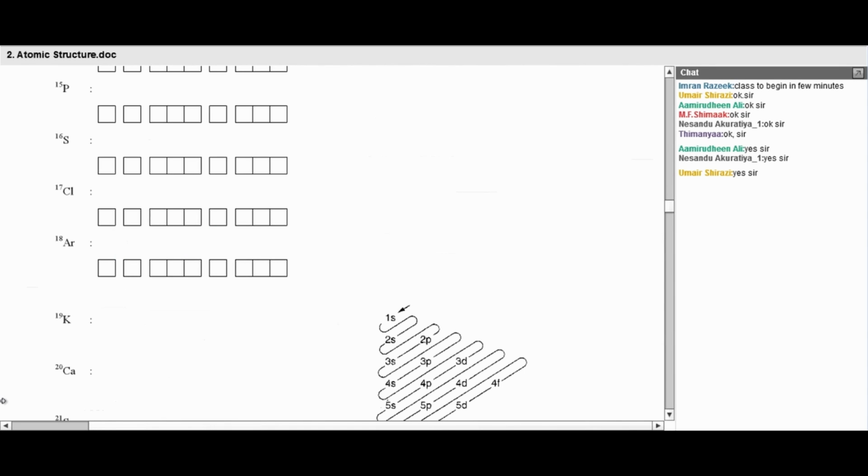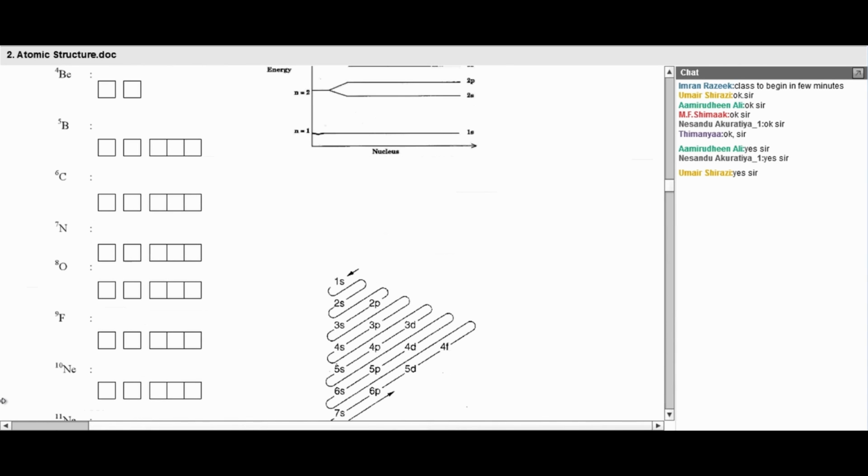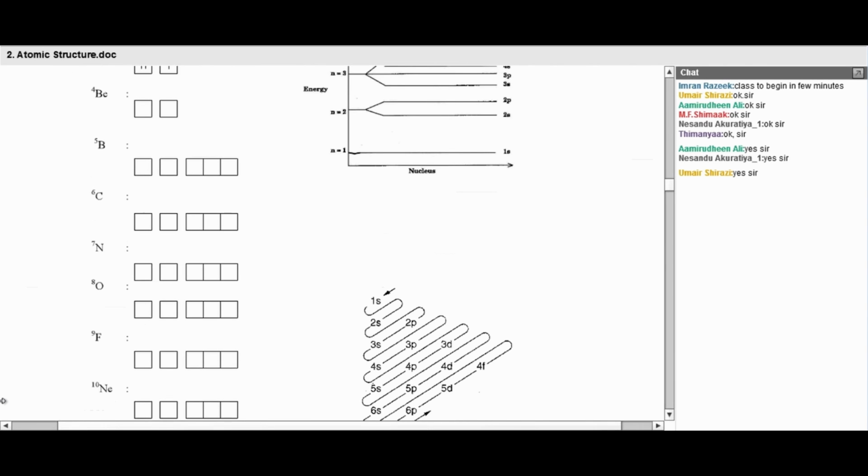Now, to continue with the electronic configuration, I explained the order in which the electrons occupy: first 1s is filled, then 2s, then comes 2p, and 3s, then 3p, and 3d likewise, right?